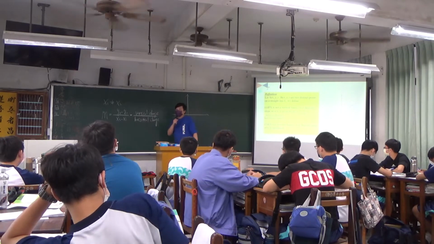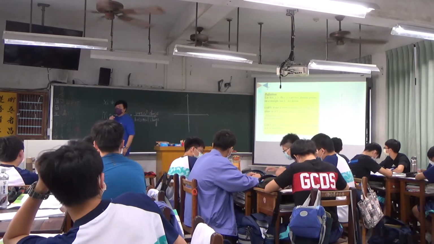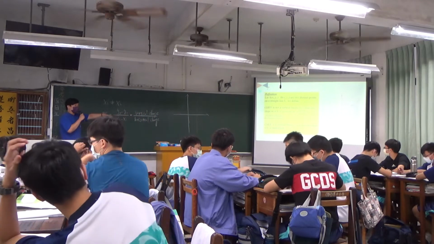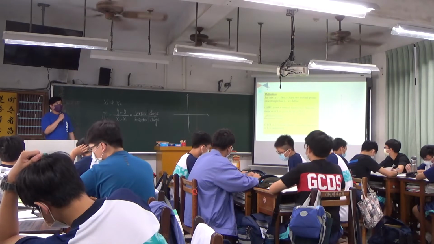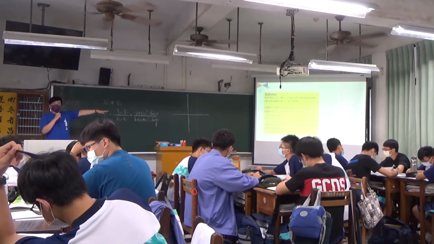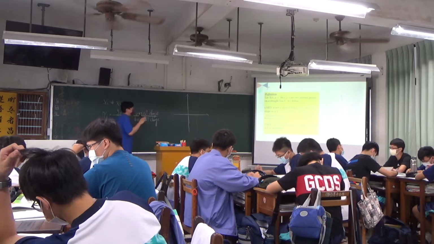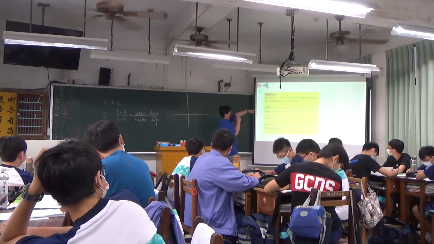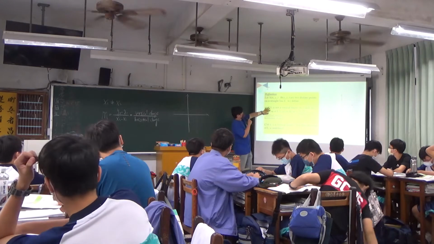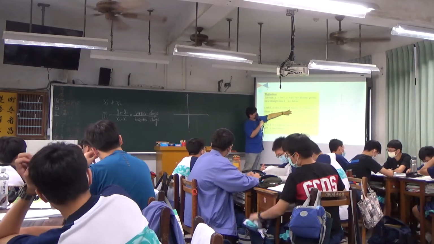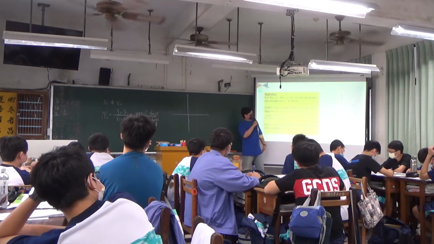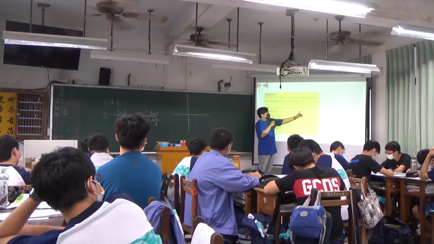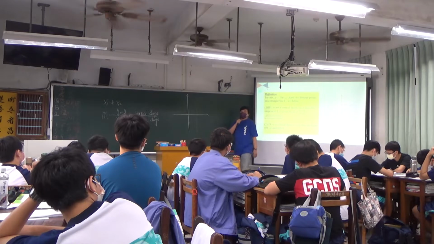Undefined. What is undefined? You can see it in your vocabulary chart. So we have two situations now. First one, if L is not a vertical line, x1 is not equal to x2, and the definition of the slope is the vertical change over the horizontal change.